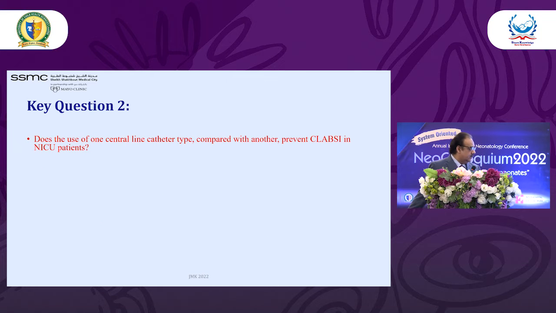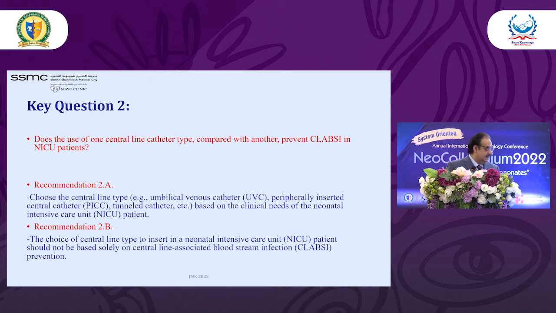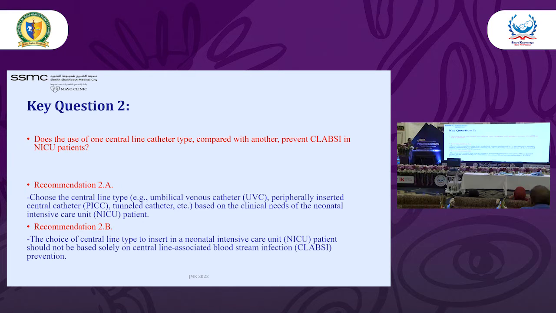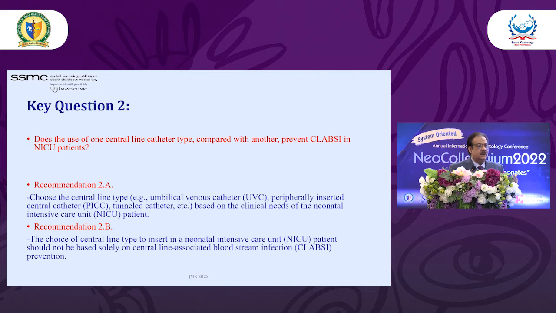Key question 2: does the use of one central line catheter type, compared with another, prevent infection? As I said, choose the central line type, umbilical venous, peripherally inserted, or tunneled catheter, based on the clinical needs. There is no difference. Whatever catheter type you use is up to you, but do it in a proper fashion.